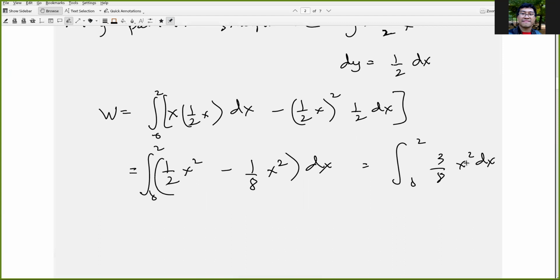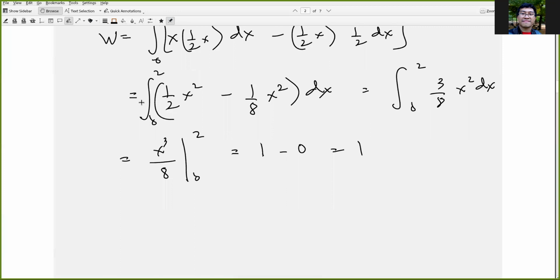Taking the integral of x squared, that's x cubed over 3, so this would be x cubed over 8, evaluated from 0 to 2. Substituting 2 for x, this would be 1 minus 0, or simply 1. Okay, so the value for W is 1.